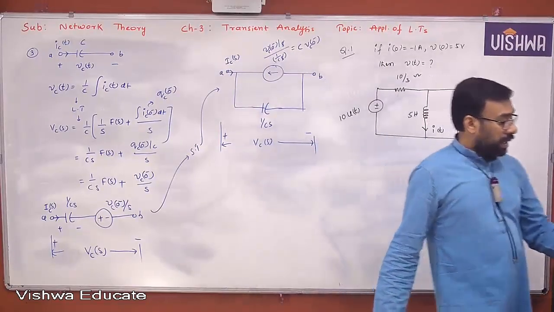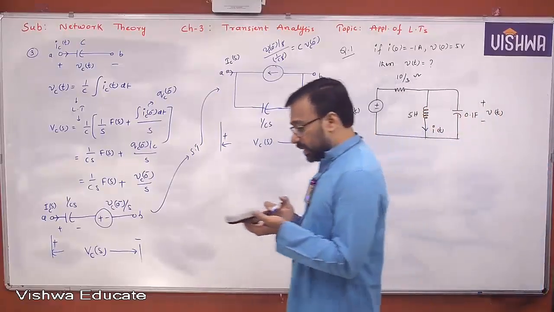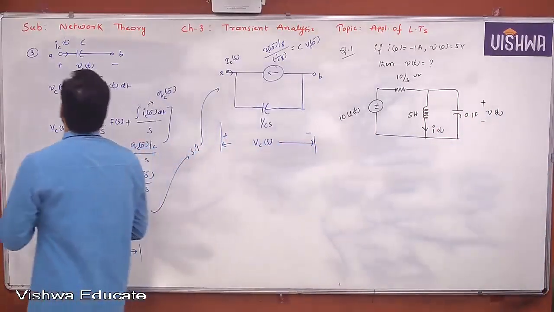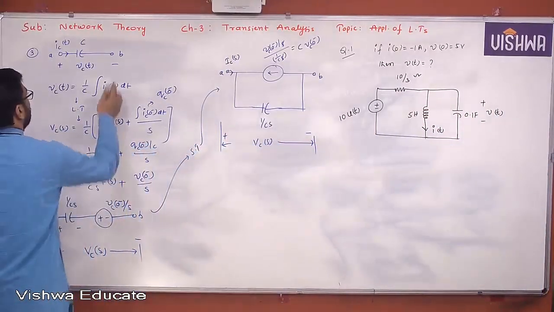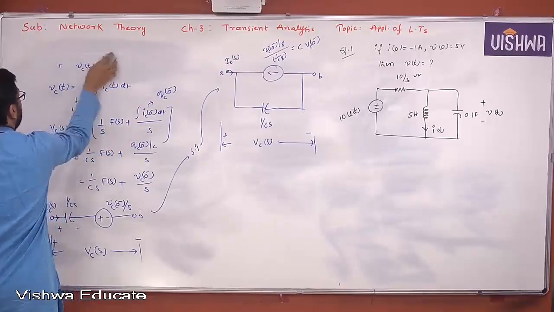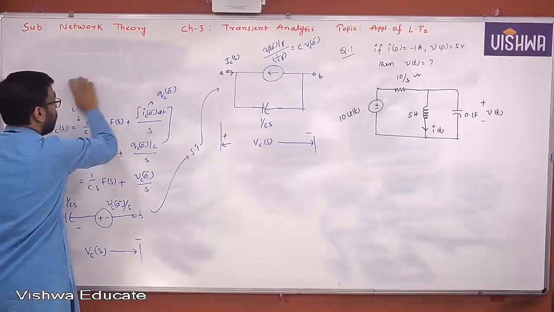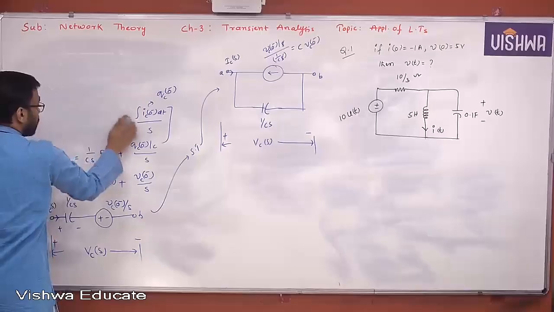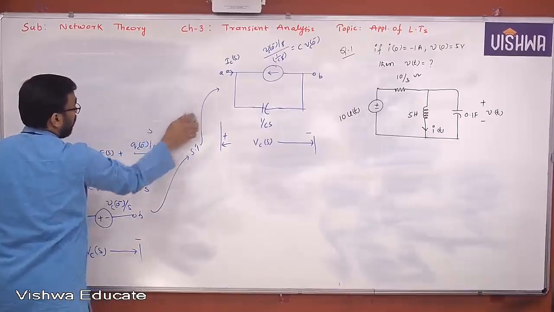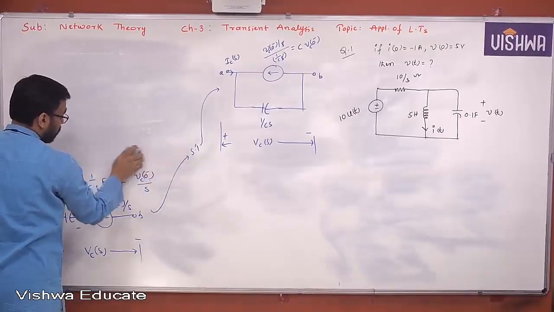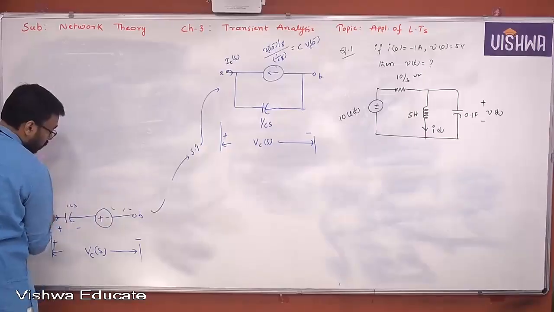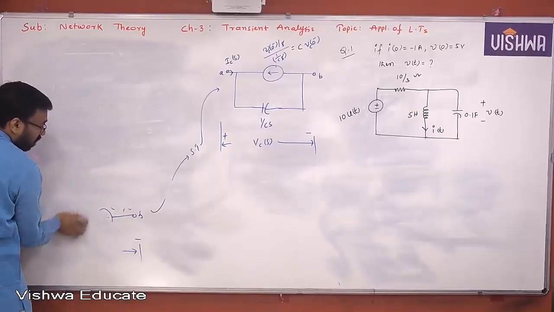Now, let us find. First of all, whenever he is asking the time response, you must always recollect there are only 2 methods you have for the time response. The first one is a formula, but which is applicable to only first order systems. Yes or no? But given network, is it a first order or second order?